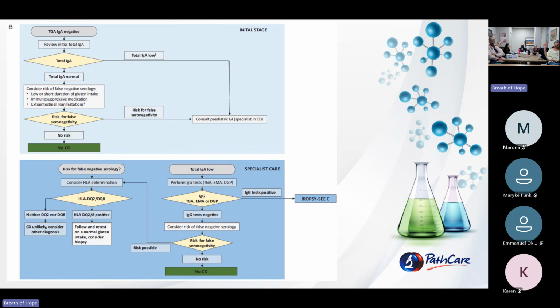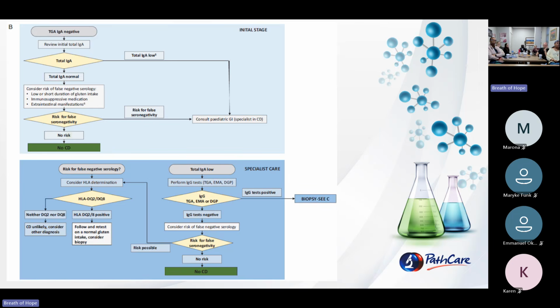If there's a risk for false seronegativity, you can consider HLA determination. If your HLA DQ2 and 8 are both negative, then celiac disease is unlikely, and you should consider other diagnoses. But if they're positive, then you can follow and retest on a normal gluten intake and consider biopsy if you have a high index of suspicion.